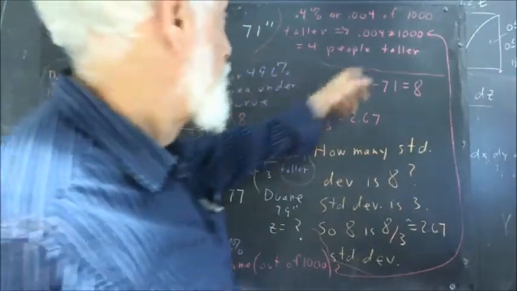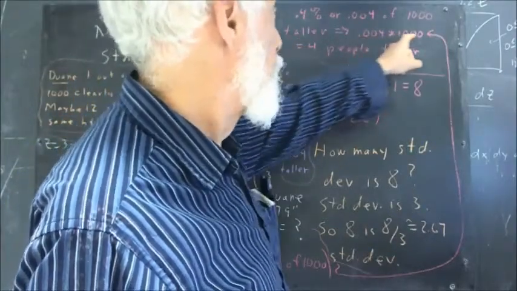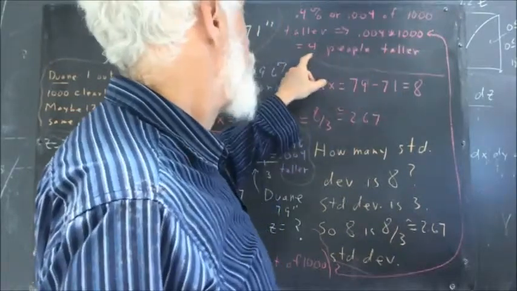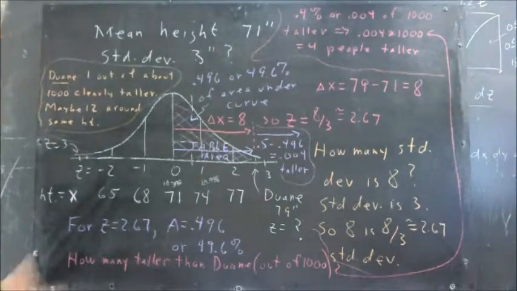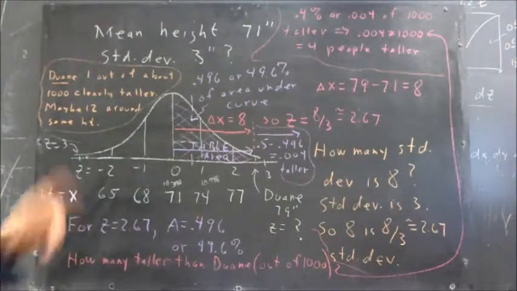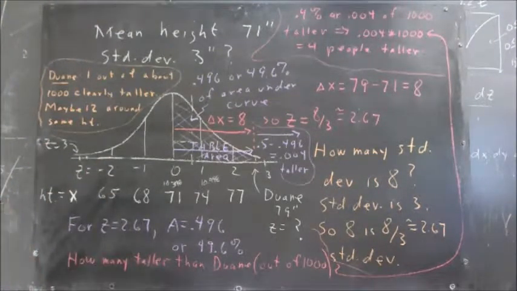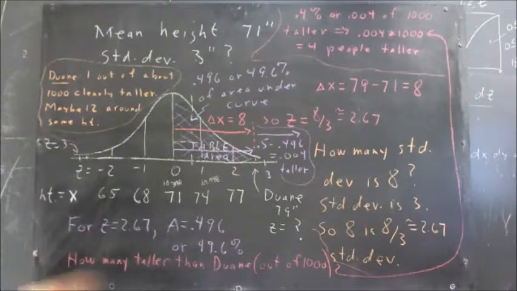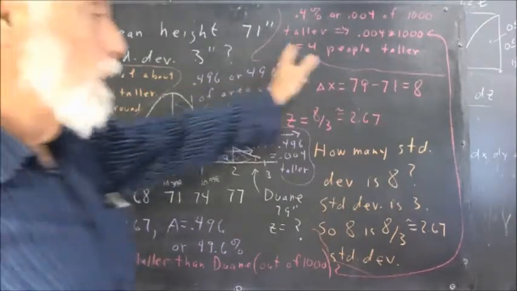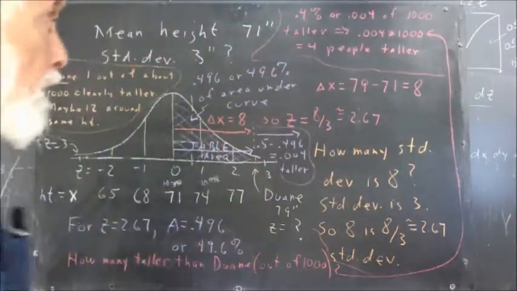That would imply that 0.004 times 1,000, or 4 people, would be taller. And that's pretty consistent with what Duane's observation was. He said there's one person taller, and maybe 12 around the same height, so it's perfectly plausible that there are 4 people who are at least a little bit taller than Duane.